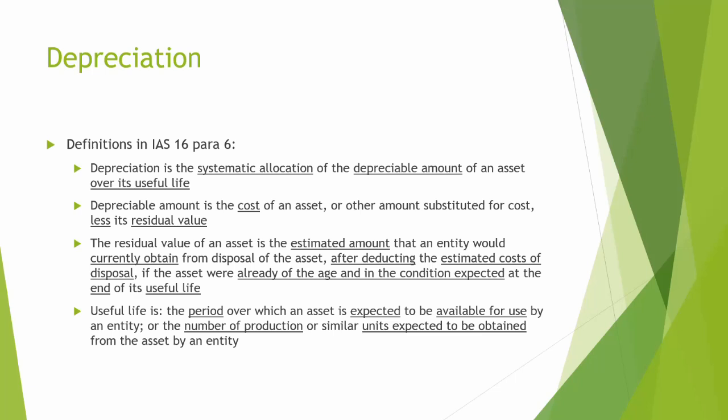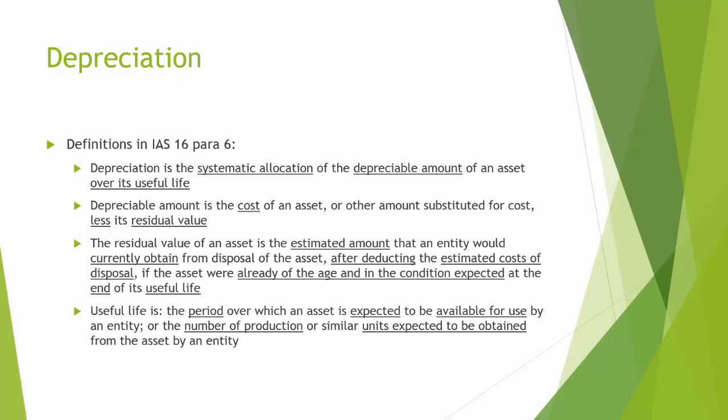And the definition of the depreciable amount is the cost, which we've defined already in our previous session, less the residual value. So then we need to know what a residual value is, because we know what cost is. We've already defined that. We need to now know how we arrive at residual value.